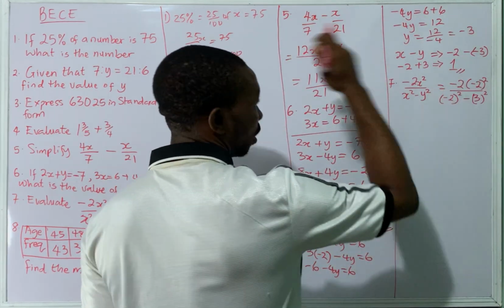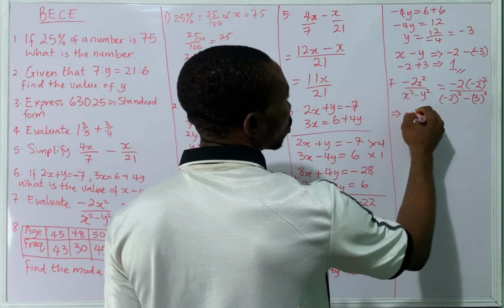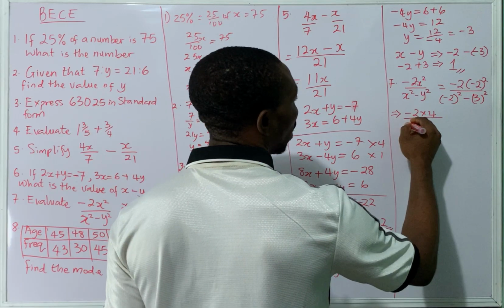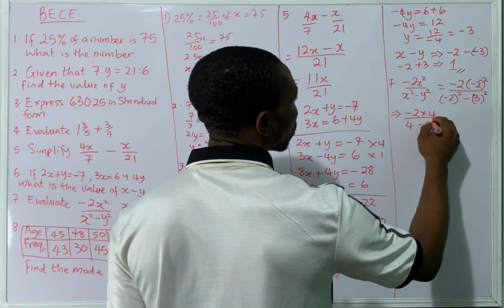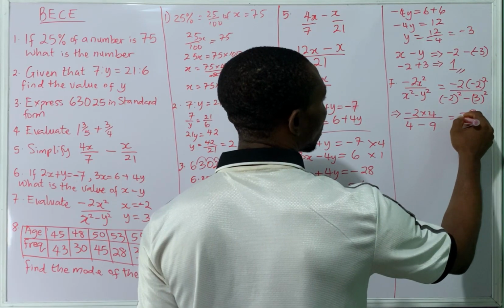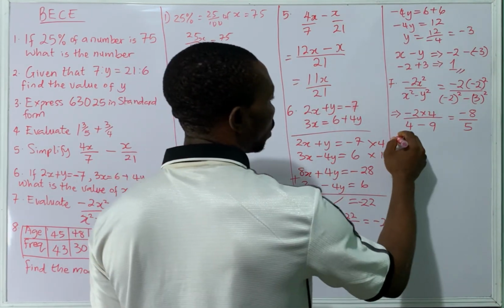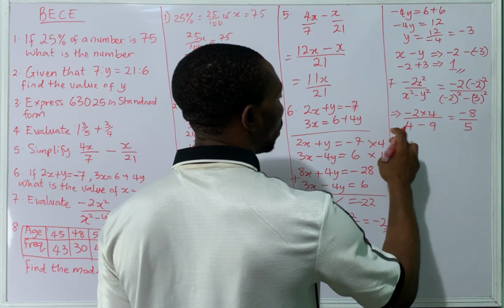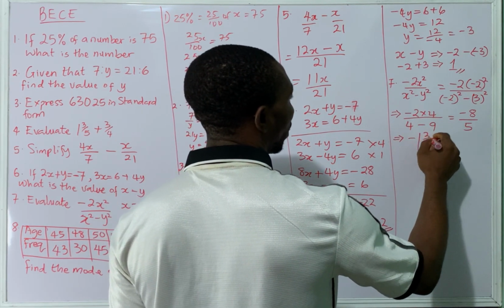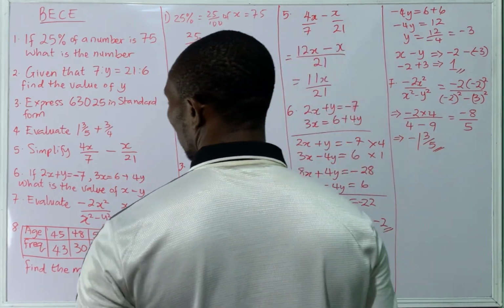Okay, so this gives us minus 2 times 4 all over 4 minus 9. This gives us minus 8 all over minus 5, which in mixed fractions will be minus 1 whole number 3 over 5. So with this, we've evaluated this.